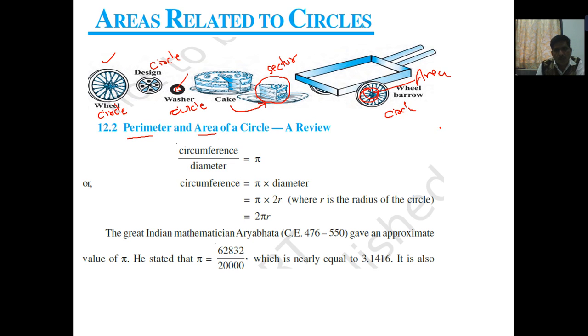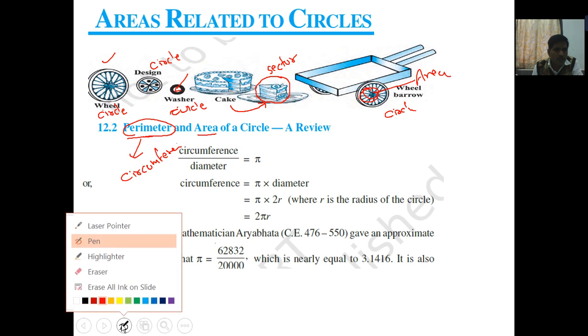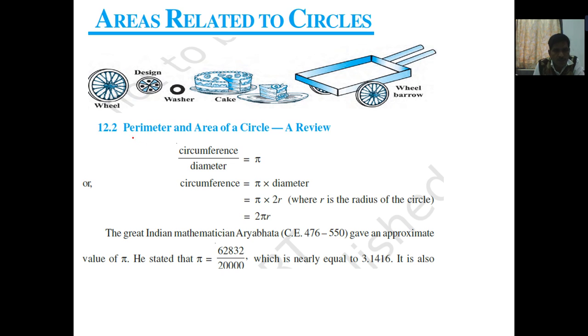In the perimeter of a circle, generally the term related to perimeter is also called circumference. Just a textual based information. Perimeter and area of a circle. Circumference divided by diameter is called pi. So generally the formula is 2 pi r.